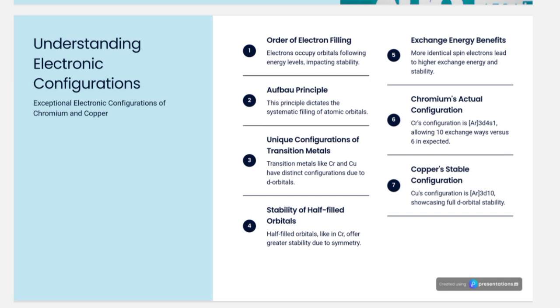The Aufbau principle indicates the systematic filling of the orbitals. It gave us the idea that electrons should be filled into certain orbitals. According to Aufbau, you first need to fill electrons into the lower energy level.